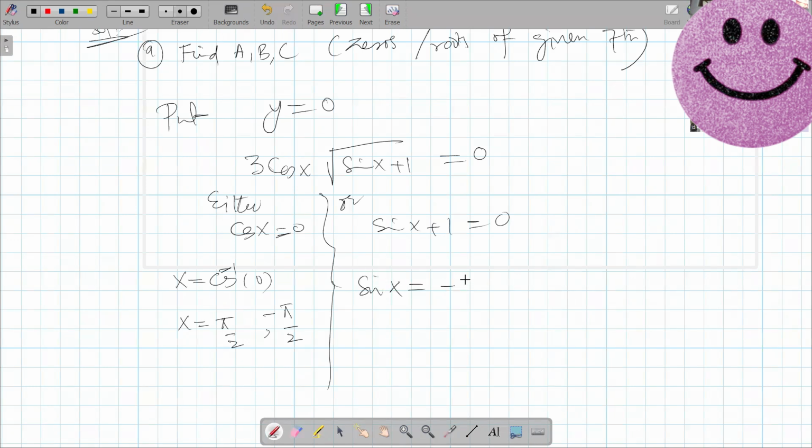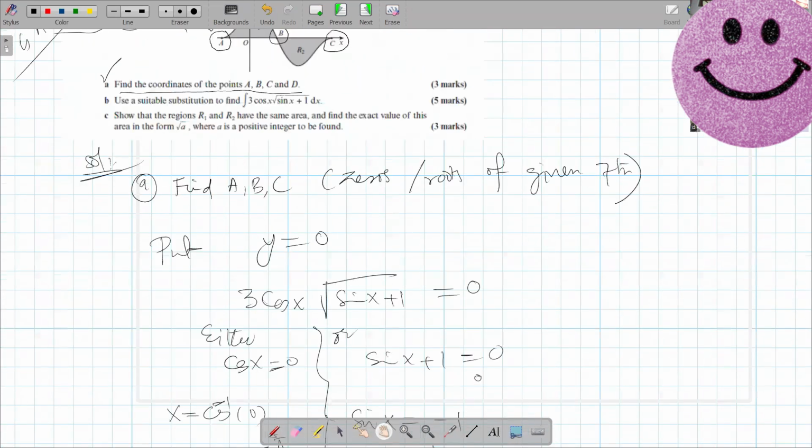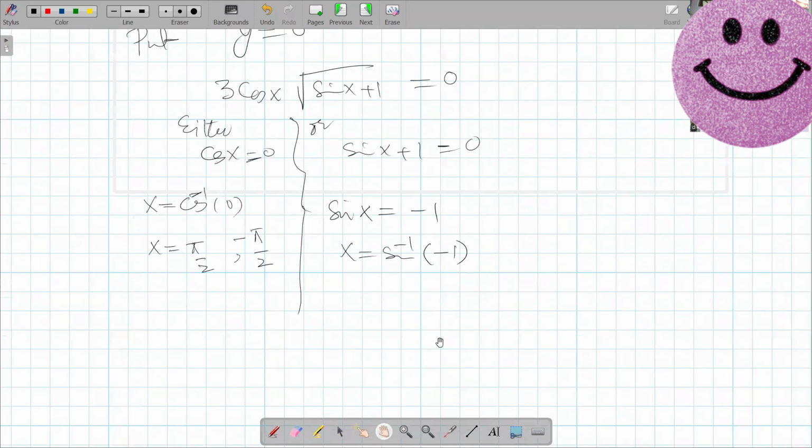Let's see the right hand side. Sine x is equal to negative 1, and x is sine inverse of negative 1. Sine is negative 1 at negative pi by 2, 3 pi by 2, and so on.